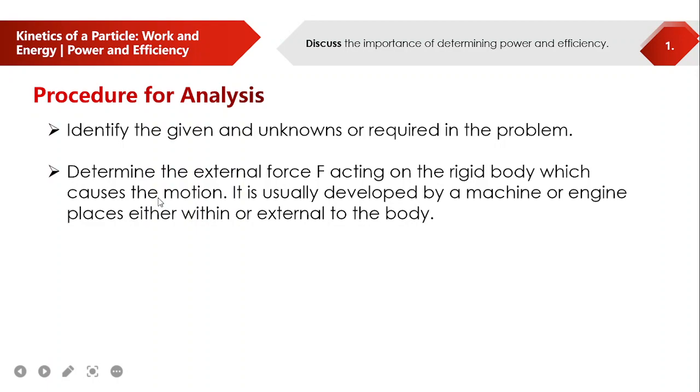So, kailangan din natin i-account yung mga external forces na dapat nating alamin, so that wala talagang kulang, no, when we are talking about power and efficiency. So it is usually developed by a machine or engine placed either within or external to the body. So yun, internally or externally dapat natin talagang i-consider.